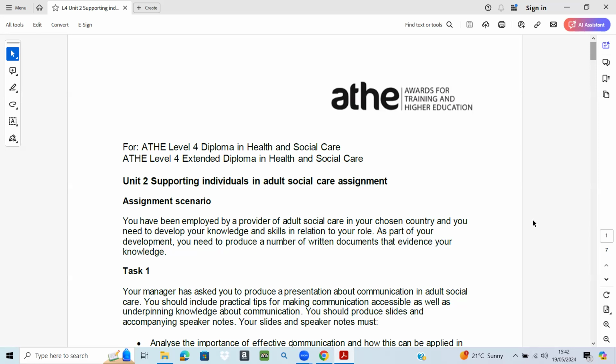Timely record keeping is also important. It enables swift intervention, prevents potential risk, and ensures that appropriate measures are taken promptly to address any issue or changes in the service user's condition or care needs.